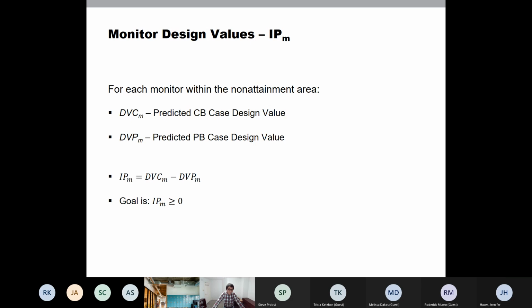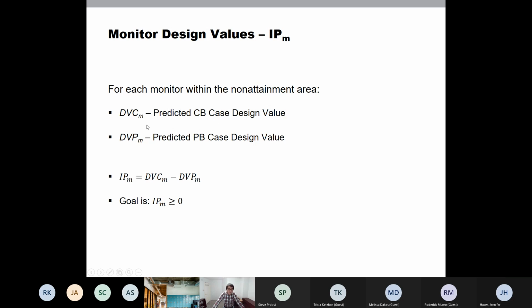The basic idea, though it's more complicated than shown on this slide, is to look at 3x3, 5x5, or sometimes 7x7 grids to extrapolate the model results for the design value of each monitor that we have. Remember, I'm showing all the monitors listed in the Houston-Brazoria-Galveston area, and we need to look at all the monitors on that list.